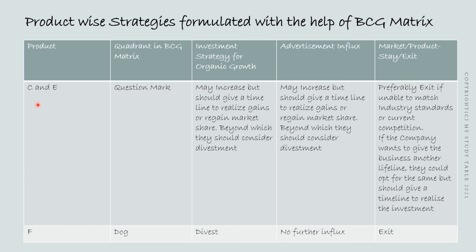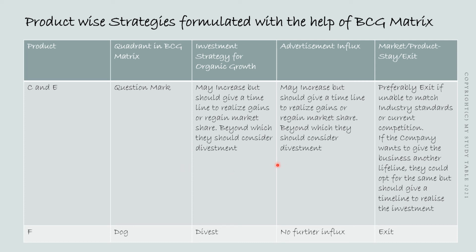For products C and E, which were question marks, so there was a question on whether they will be able to increase their market share. Investment strategy could be may increase but should give a timeline to realize gains or regain market share, beyond which they should consider divestment.